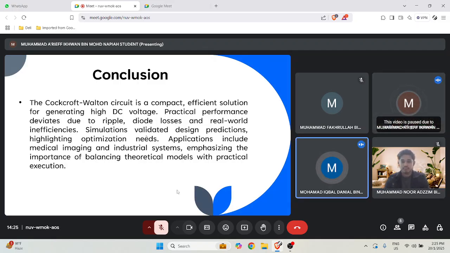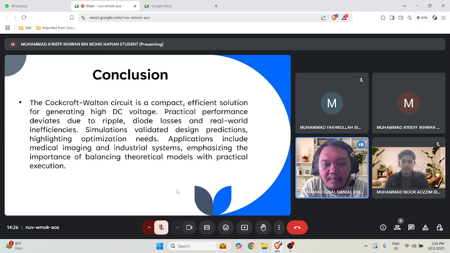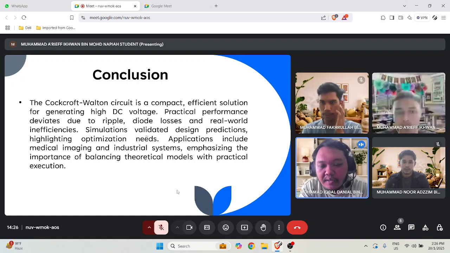By addressing these challenges through design, optimization, and simulation, its performance can be enhanced to meet various practical requirements. Its versatility and reliability make it indispensable in applications like medical imaging, particle accelerators, and industrial power supplies.